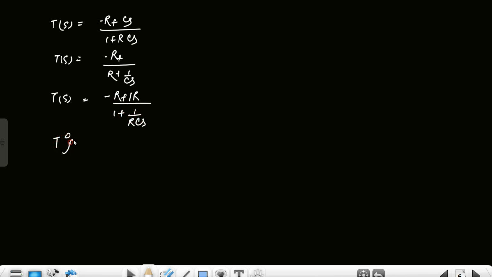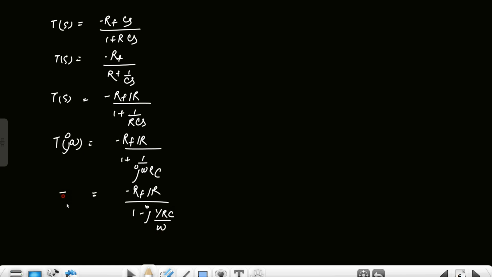Now putting s equal to j omega, it will be minus Rf upon R, upon 1 plus 1 upon j omega RC, which we can write like this: 1 minus j times 1 upon RC upon omega. So why have we written it like this?